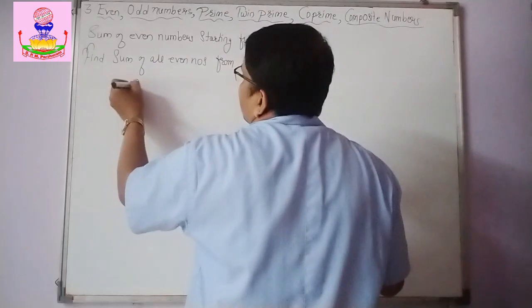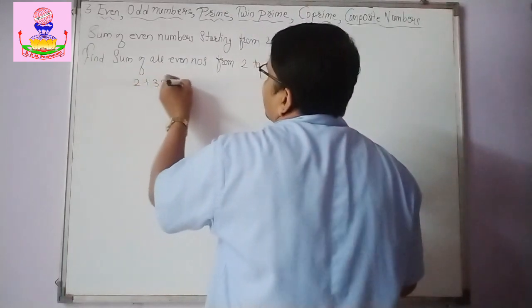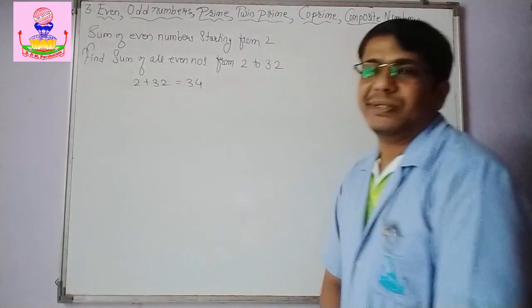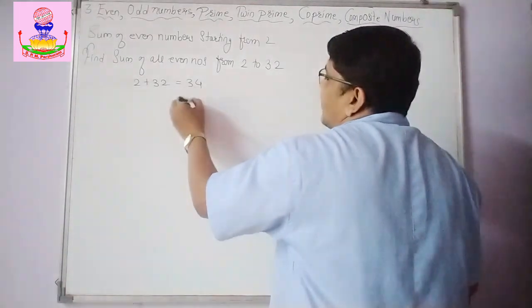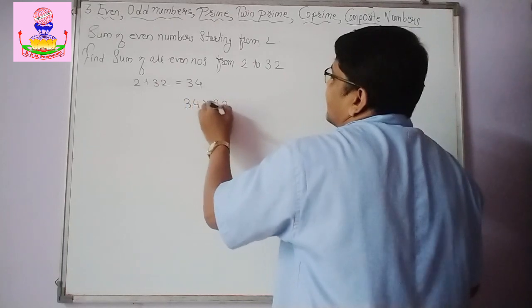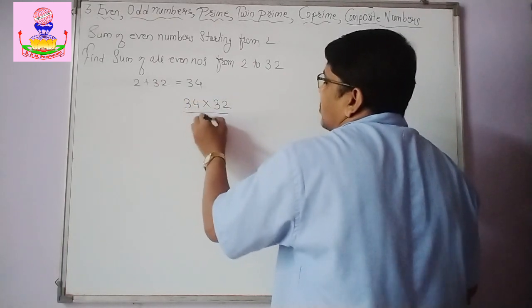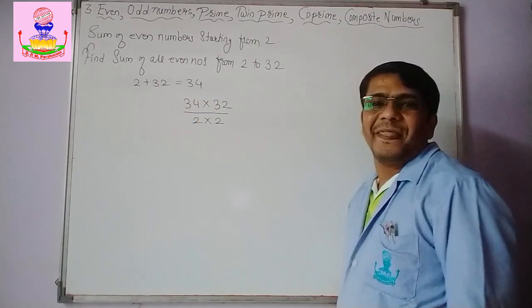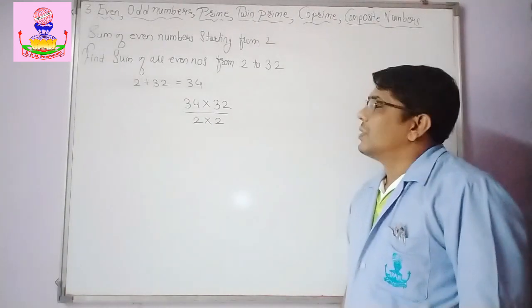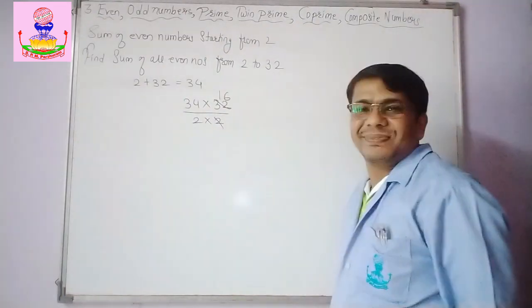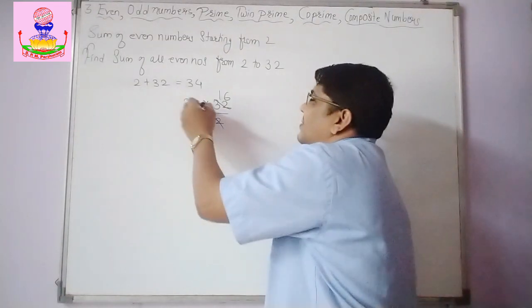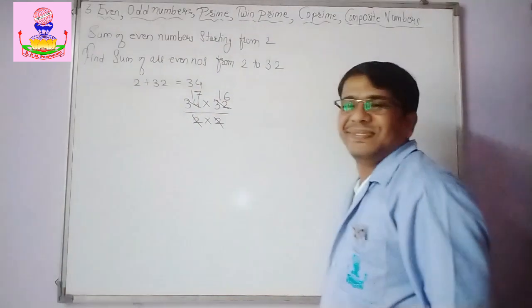So what can you do? Add the first and the last number. 2 plus 32. How much? 34. And then multiply this sum with the last number and divide it by 2 into 2. So what do you get? 2 ones are 2, 2 sixteens are 32, 2 ones are 2, 2 seventeens are 34.